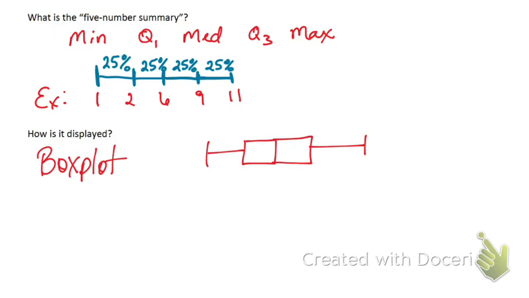All right, so this is the minimum. The bottom part of the box is Q1. The middle of the box is the median. The upper part of the box is Q3. And the top of the whisker is the maximum.